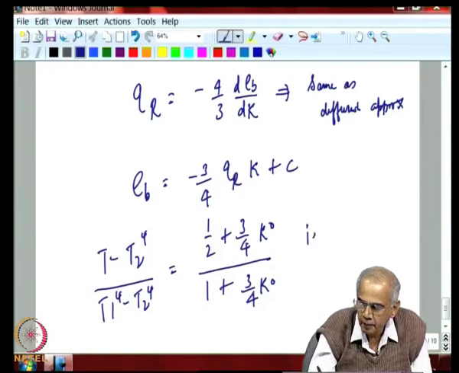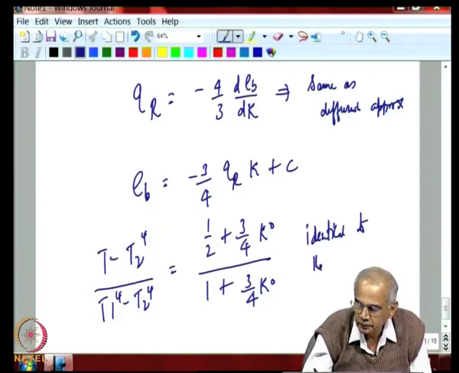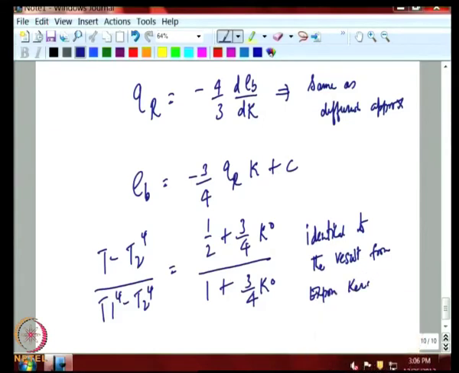Which is identical to the result from the exponential kernel approximation.